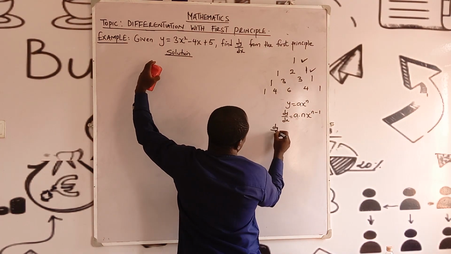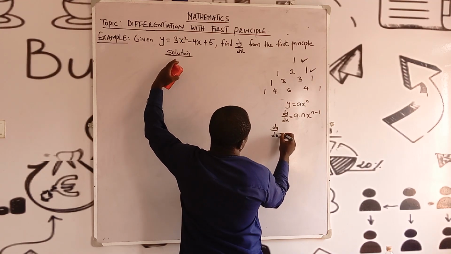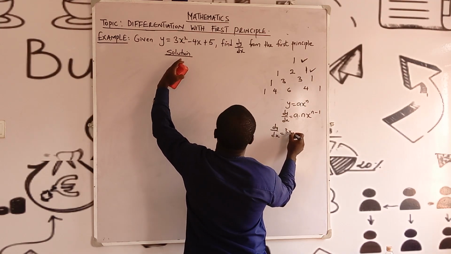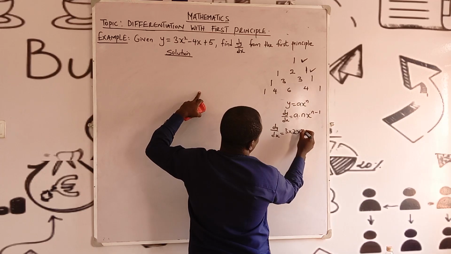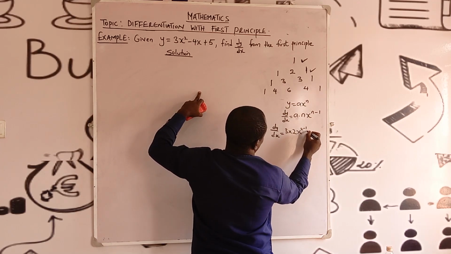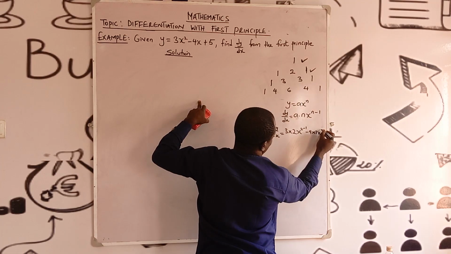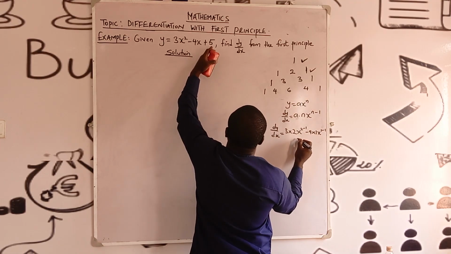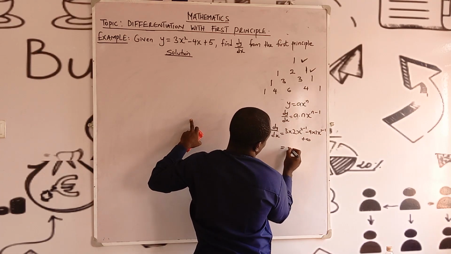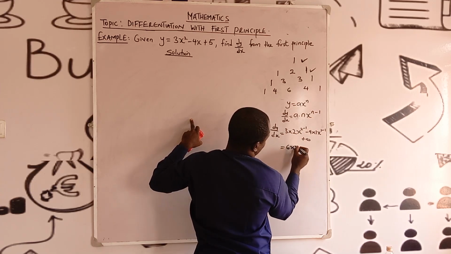Dy over dx equals 3 times 2, x raised to 2 minus 1, minus 4 times, there's 1 here, x power 1 minus 1. Derivative of a constant is 0. 3 times 2, that's 6x, 2 minus 1, that is 1.